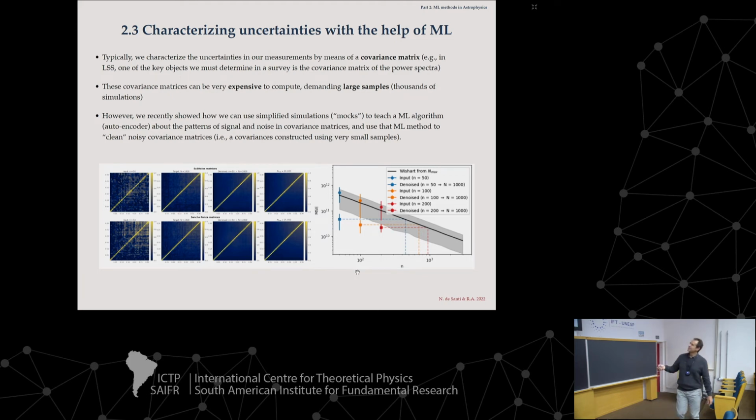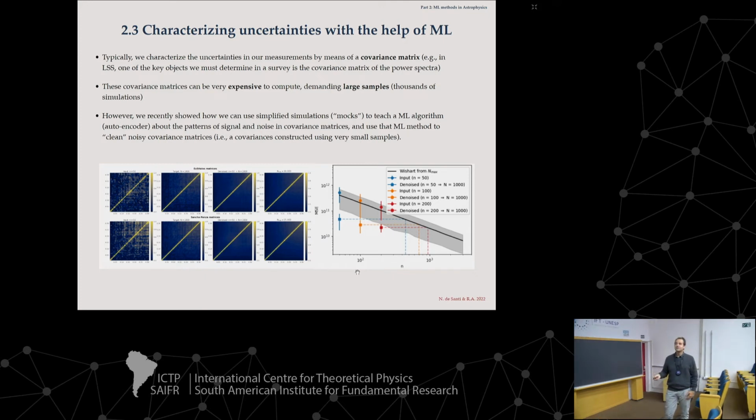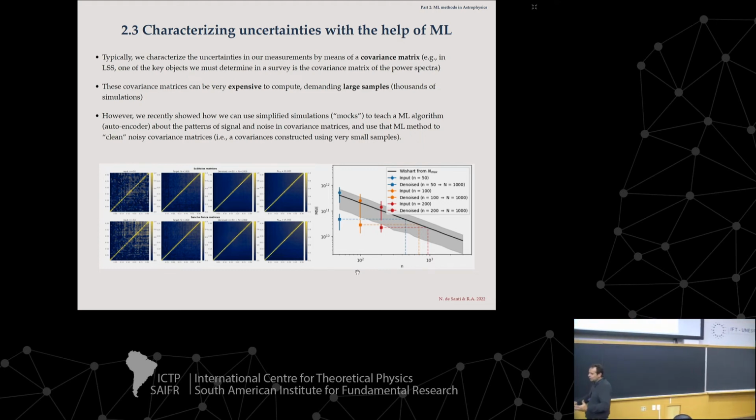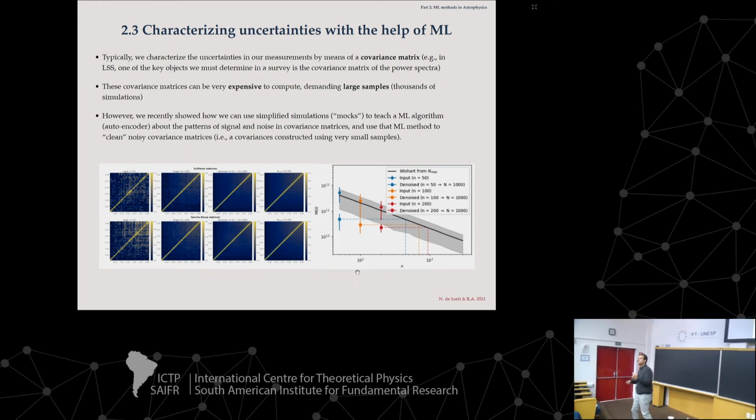Another application that we have done here is, again, going back to the covariance matrices. Basically what we have here is that in large-scale structure, true simulations that actually reproduce your structure formation on all scales, or even without baryon physics, are extremely expensive, okay?